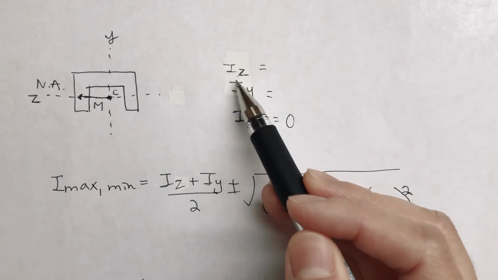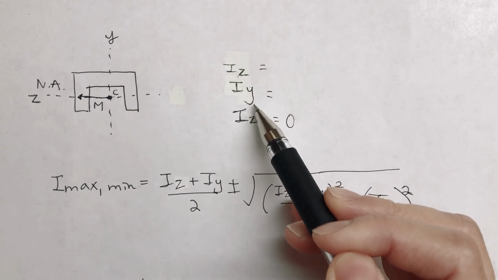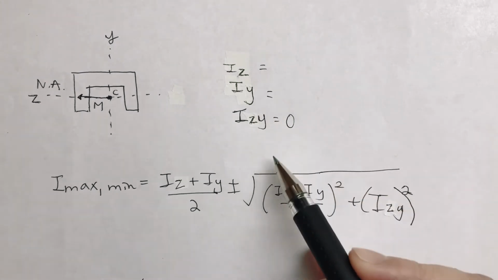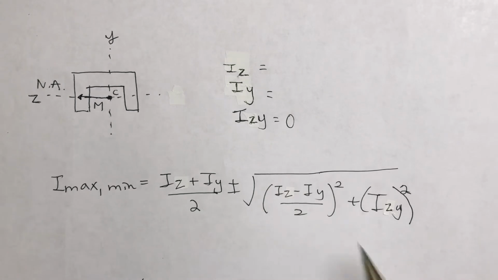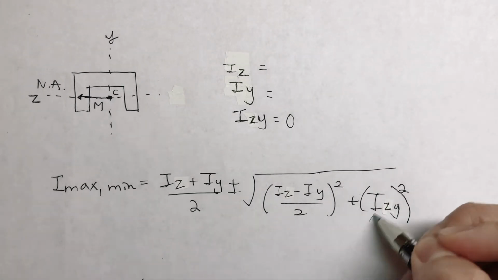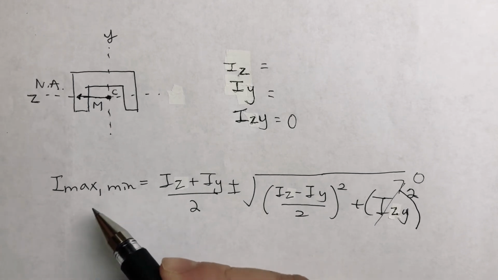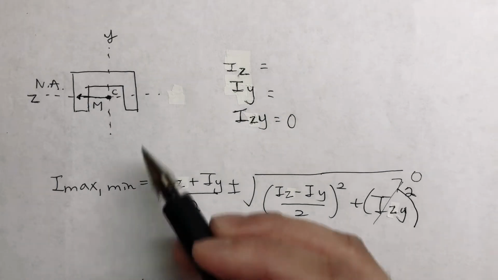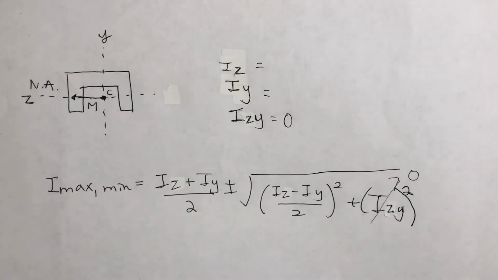We would find the moment of inertia with respect to the z-axis and the moment of inertia with respect to the y-axis. We would find that the product of inertia would be 0. So when plugging into this equation, this would go to 0, and you would get a maximum and minimum value for a moment of inertia. So this coordinate system would be a principal centroidal axis.